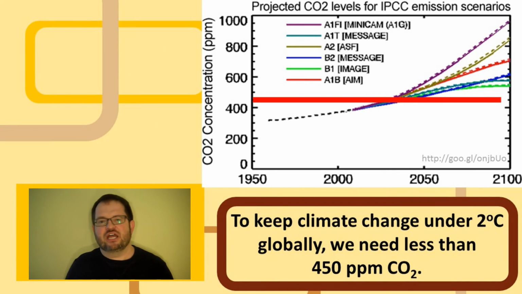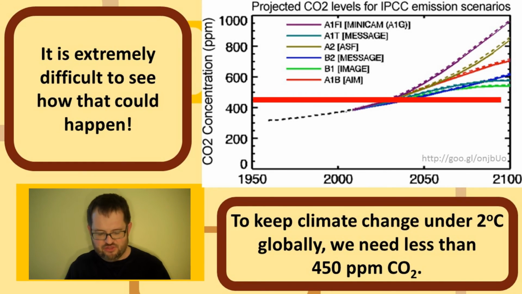Remember those climate change negotiations that happened in Paris in the fall of 2015? They came to the conclusion that in order to minimize the amount of damage to the world economy and the world environment and to promote sustainability, we needed to keep the total global climate change under 2 degrees Celsius. And in order to do that, their estimate was that we had to keep the concentrations of carbon dioxide under 450 parts per million.